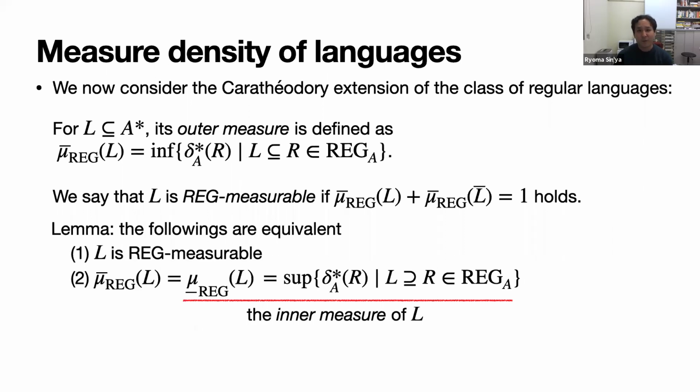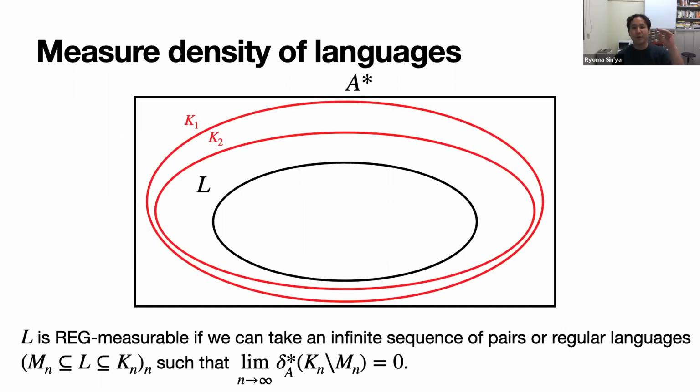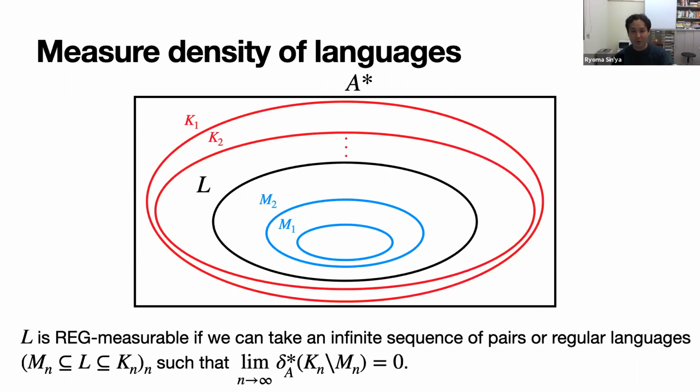So L is regular measurable means exactly that its outer measure coincides with its inner measure defined here, the dual notion of outer measure, from inf to sup, from superset to subset, okay? So intuitively, L is regular measurable means we can take both an upper approximation and a lower approximation with arbitrarily high precision, okay?